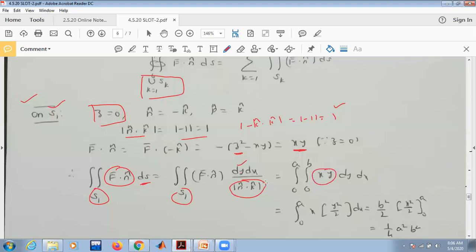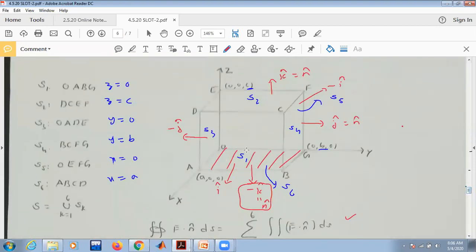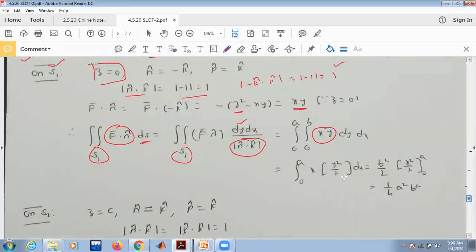Your region of integration is a rectangular region S1 bounded by x varies from 0 to a, y varies from 0 to b. And we know for a rectangular region all the limits are going to be constant. When you are integrating with respect to y, treat x as constant.